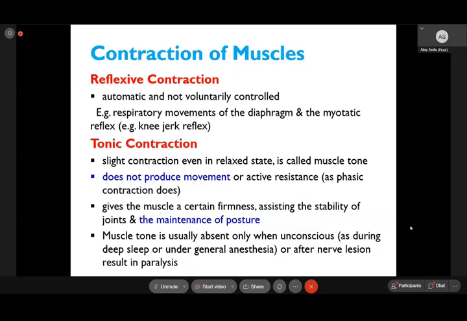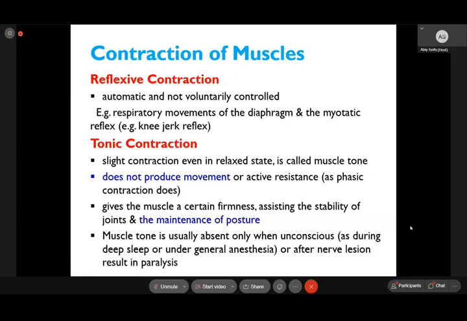When it contracts, it increases the thoracic cavity, whereas when it is relaxed, it decreases it.